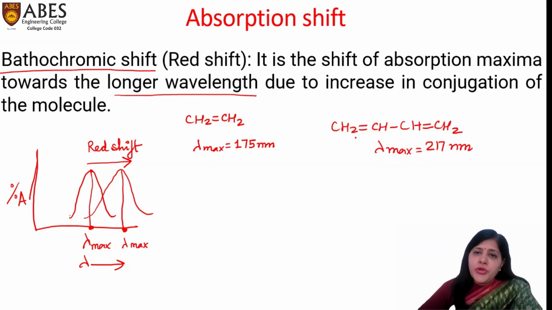So due to conjugation, absorption maxima has shifted towards a longer wavelength. This is bathochromic shift or redshift.